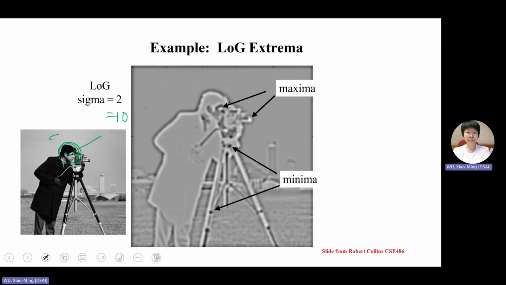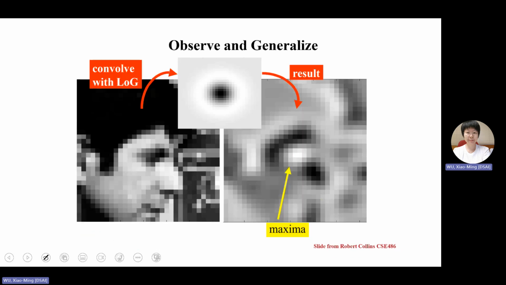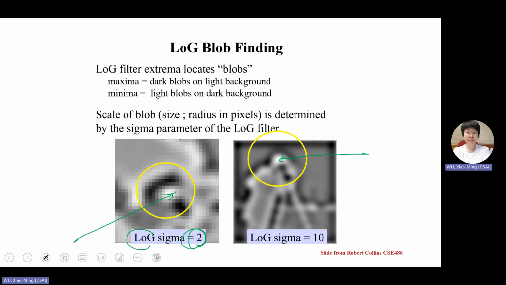With sigma equal to 10, I think the circle will be bigger. Anyway, it just demonstrates that if you apply LOG filters of different sizes, you will identify blobs of different scales. Applying this filter leads to the highest response around the head region.